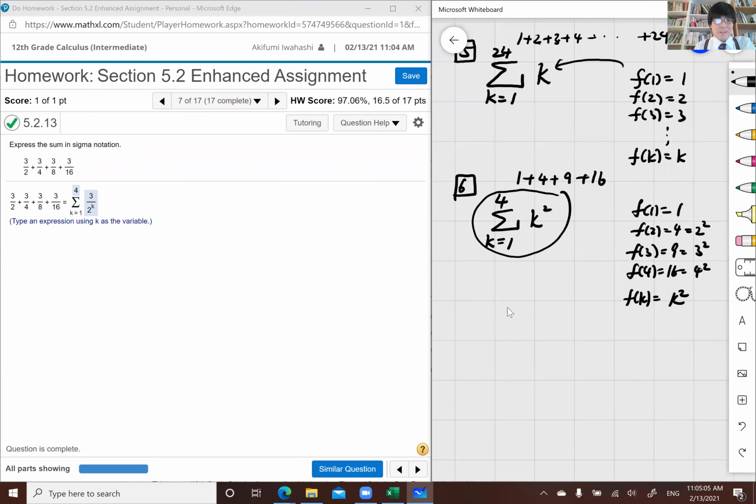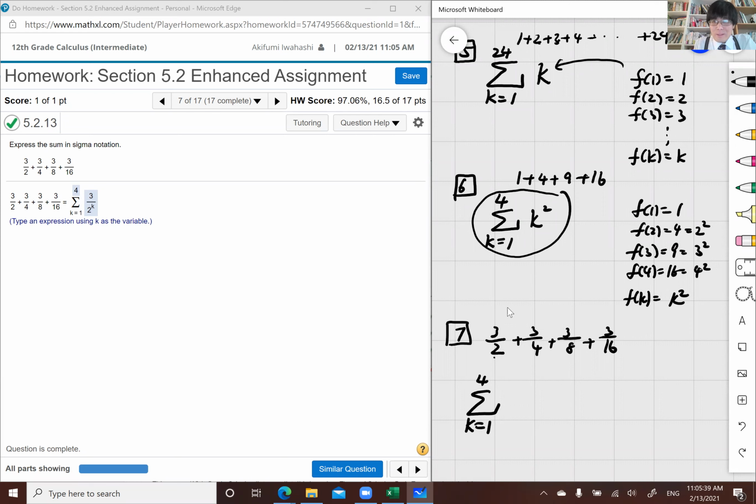Okay, and again, this question is to rewrite the expression in sigma notation. Now you have 3 over 2 plus 3 over 4 plus 3 over 8 plus 3 over 16. You have 4 terms, so I have to start from k equal to 1 and end at 4. Looking at each fraction it's kind of hard to see, but this is actually a geometric series.